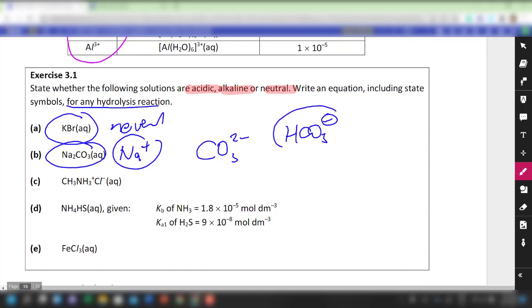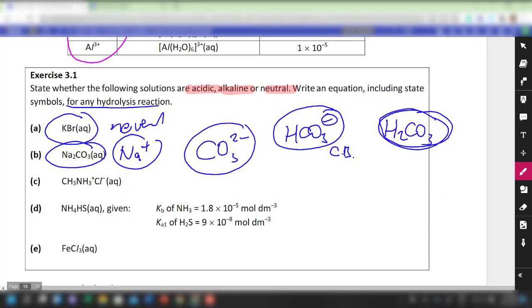And bicarbonate is the conjugate base of another weak acid known as carbonic acid, which essentially is not very stable in water. It tends to form CO2 and diffuse away. That is why in secondary school, if you remember, carbonates usually react with acid to give you CO2, and that is the reason why.